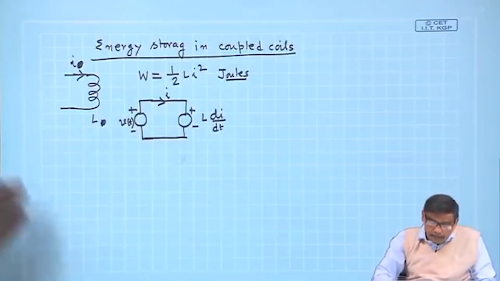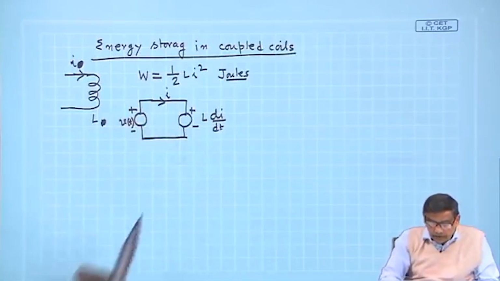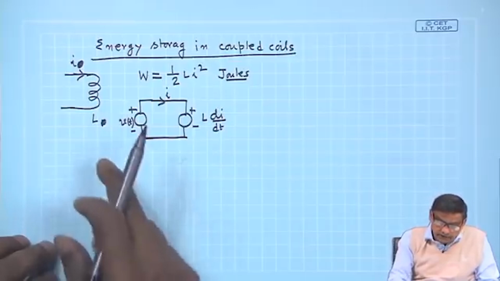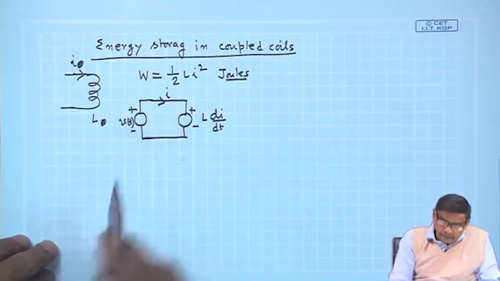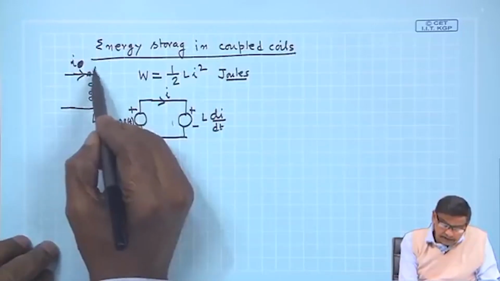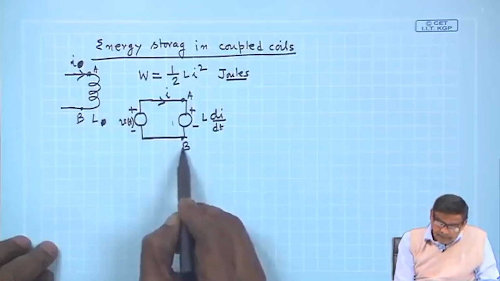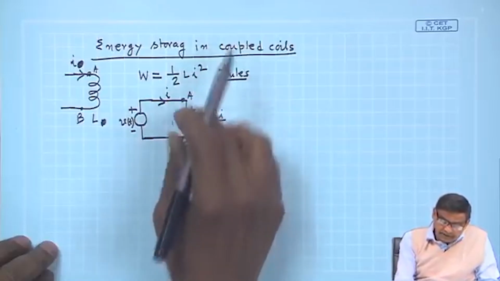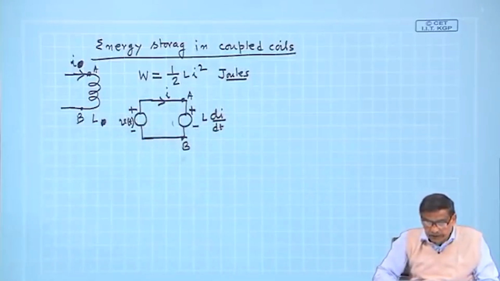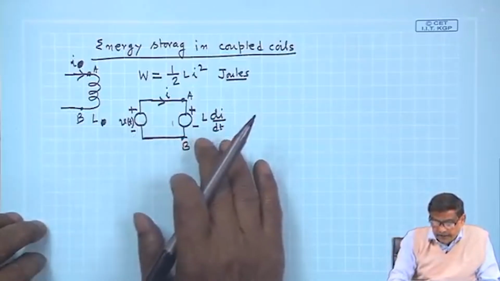As you can see, with respect to the source, current is leaving the positive terminal, so energy or power is supplied by the source, and the instantaneous power supplied is V into I. Similarly, for this inductor whose terminals are A and B, the polarity of the voltage across the inductor is plus here, minus there, L dI/dt, and current is entering through the positive terminal, which means it is absorbing power. So, the source is delivering and the inductor is absorbing.